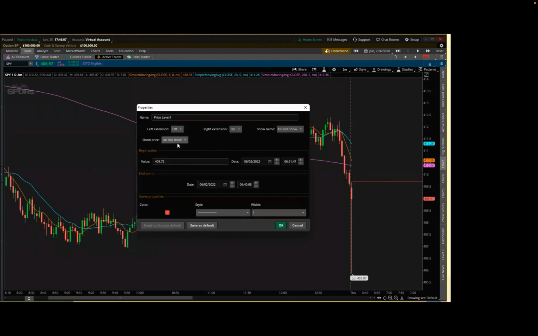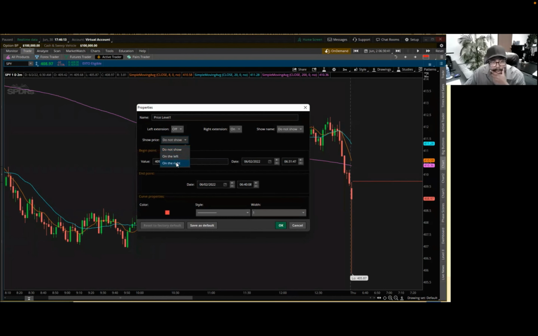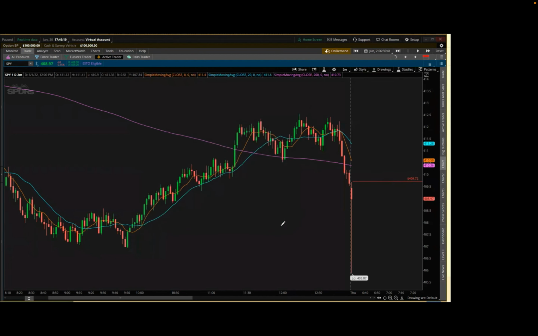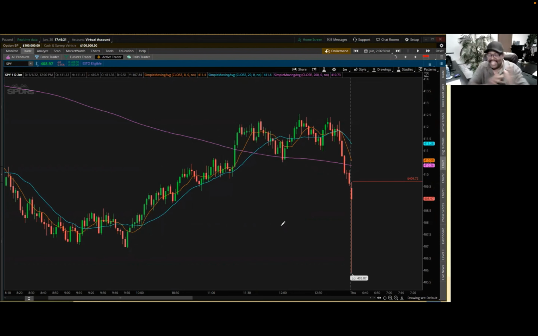Where it says do not show, you want to change that. You can pick on the left or on the right. We're going to say on the right. Now click okay. There you go. You're getting all fancy. So I was pretty close. I said 409.75, and it's 409.72.